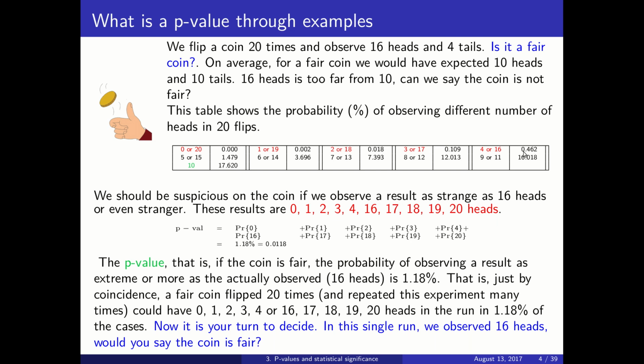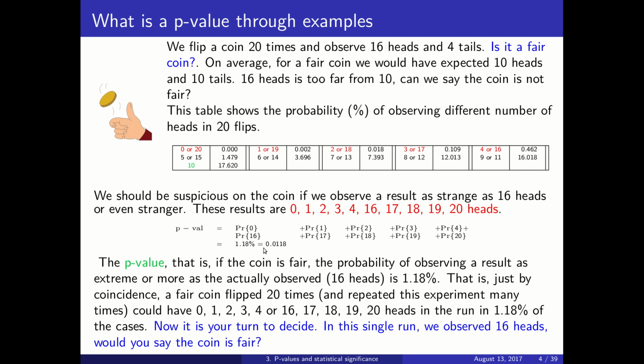It would be 0.46 plus 0.1 plus 0.01 plus 0.002%. And it is just as extreme to observe 16 heads or more as to observe 4 heads or less. They are equally extreme, so we also have to add the probabilities of observing 0, 1, 2, 3, 4 heads.